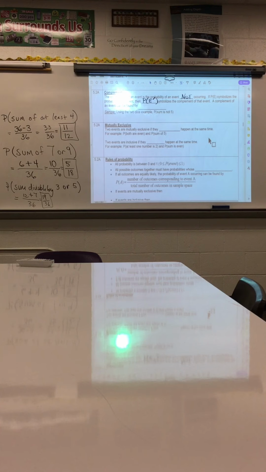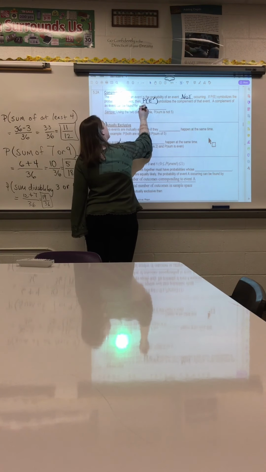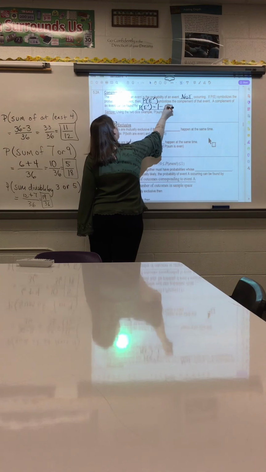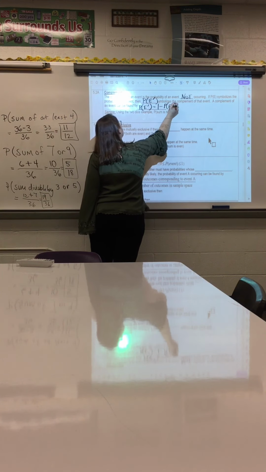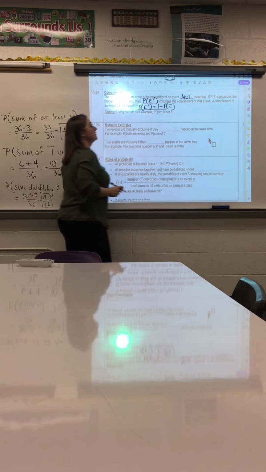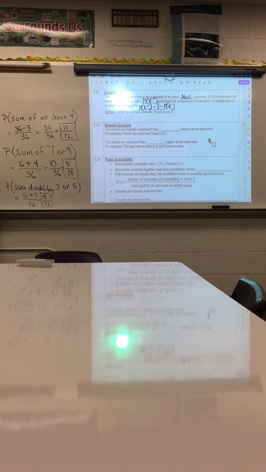And a complement of an event can be found by taking the probability of E prime equals 1 minus the probability of the event. So if you know that it's a 20% chance of rain today, then I could find the probability of it not raining by taking 1 minus 20%, or 0.2. 100 minus 20%.